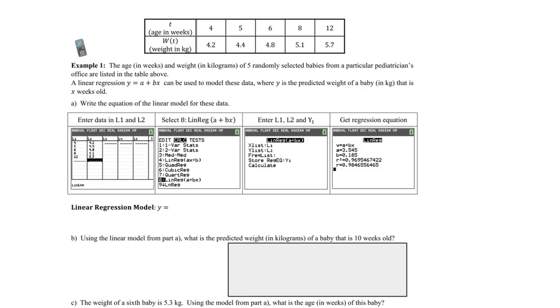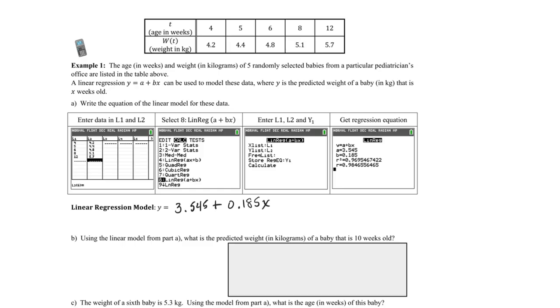All right, so now we can write our regression model. Y equals, and we're going to look for the A comes first, so we're going to put 3.545 plus, and then B is kind of our slope, if you want to think of it that way, X, okay?